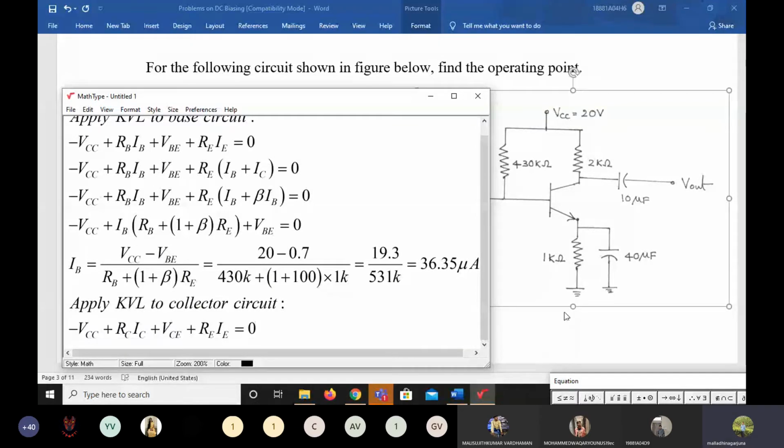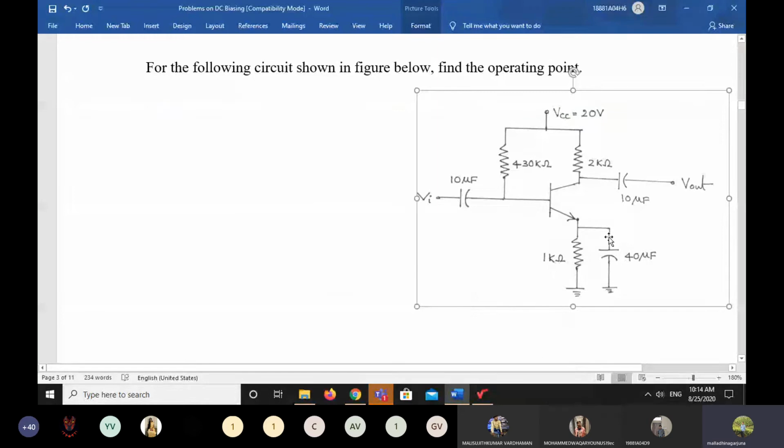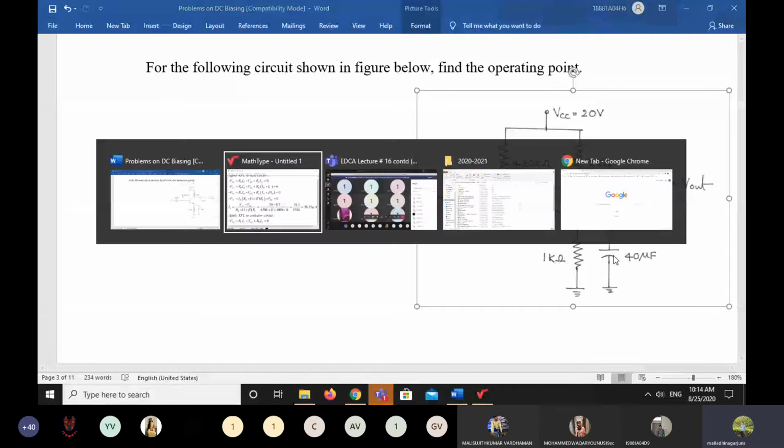This way it will come: VCC, IC RC, VCE, IE RE, and ground.